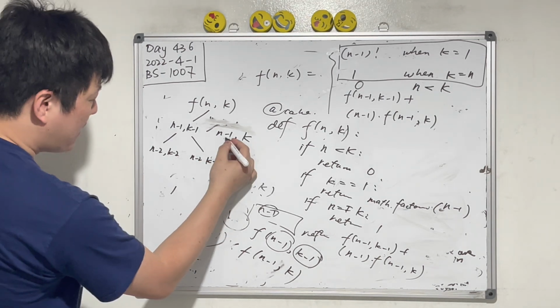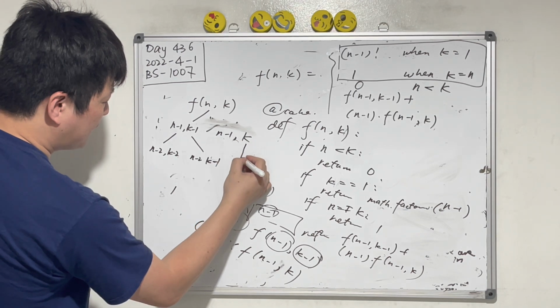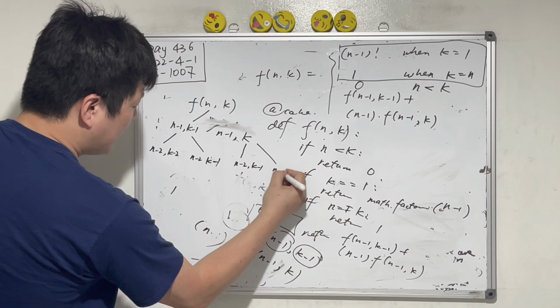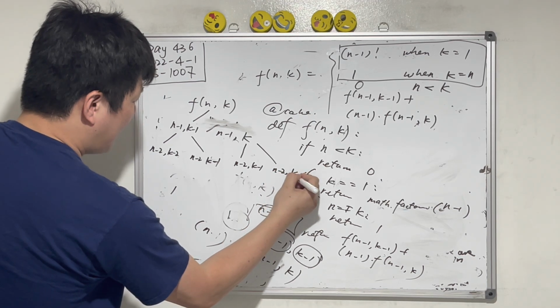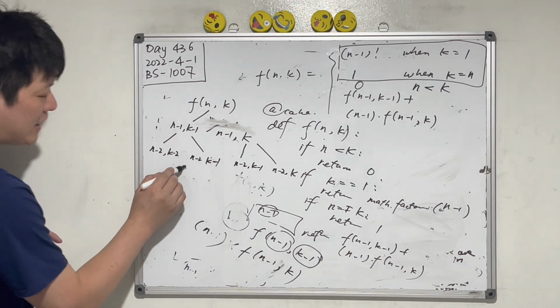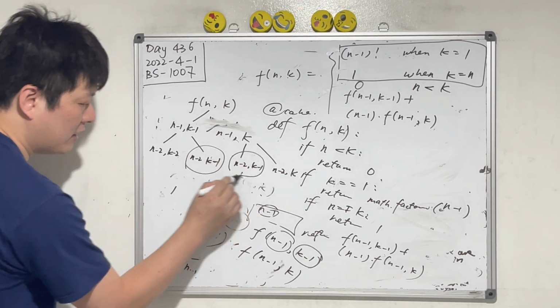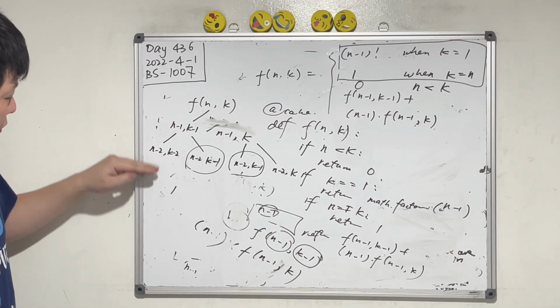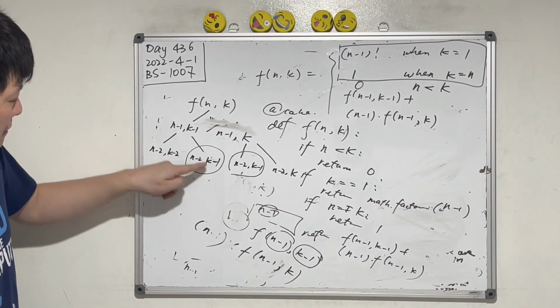And f(n minus 1, k) will be based on f(n minus 2, k minus 1) and f(n minus 2, k), right? So do we see any repeated value? Here, we see n minus 2, k minus 1 repeated.